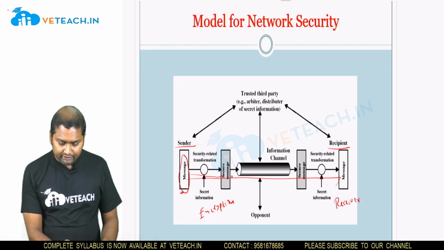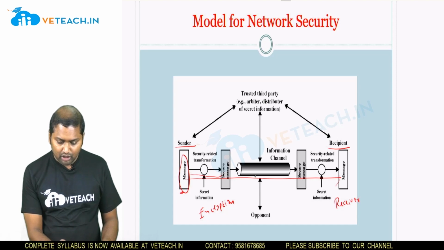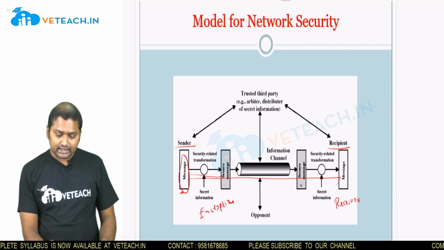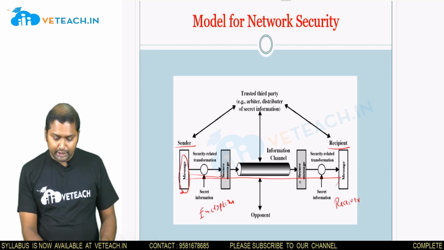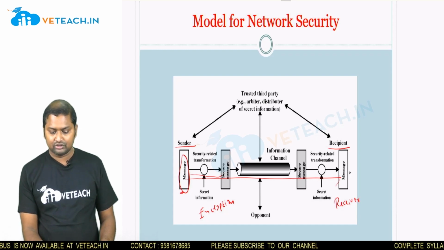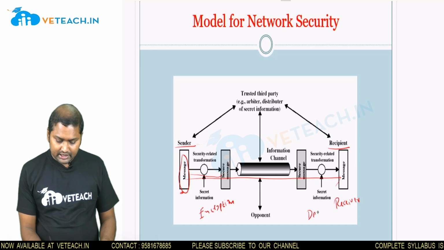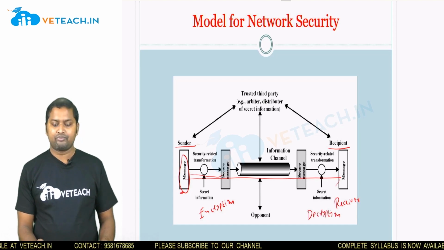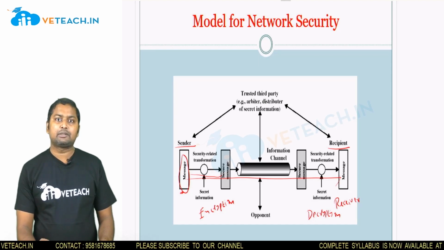Now the information is transmitted through this information channel. The unreadable information is received. This process is called decryption. So what is the decryption process?